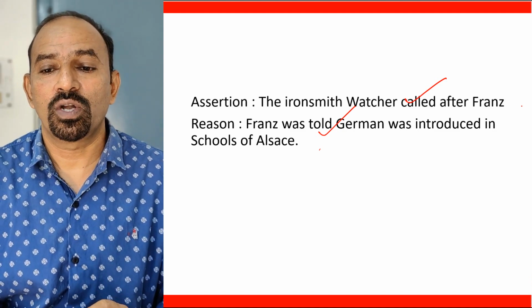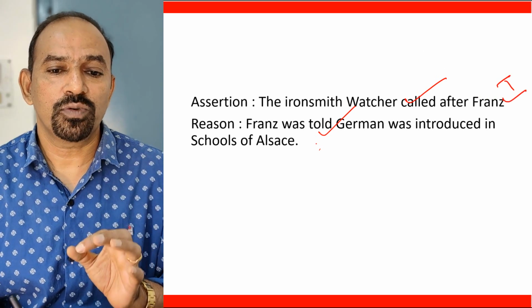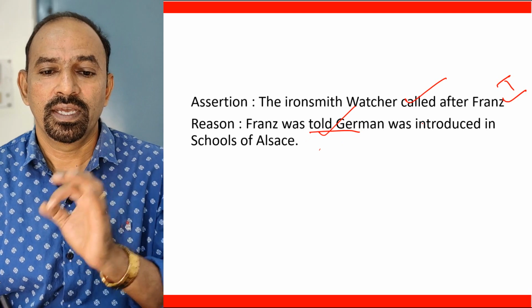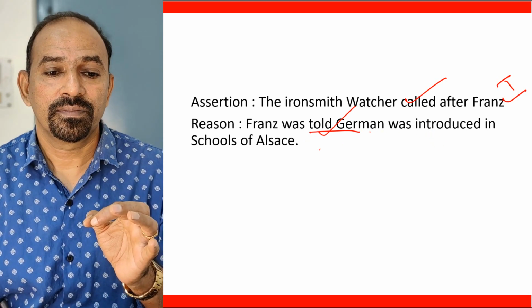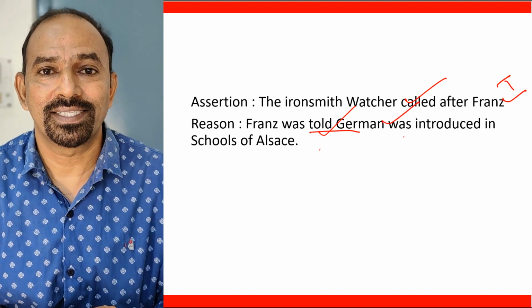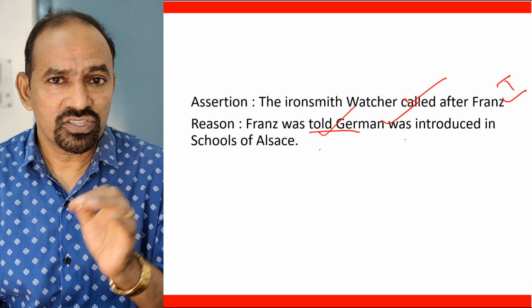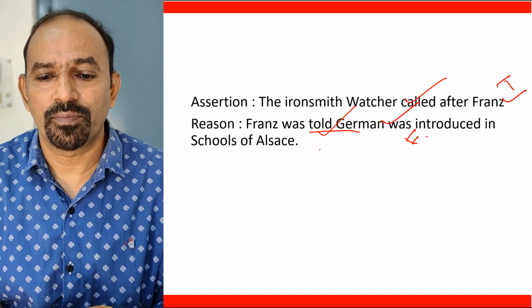The ironsmith watcher called after Franz. It's a true statement. And Franz was told German was introduced in the schools of Alsace. Did anything like this happen there? No. So this is a false statement.